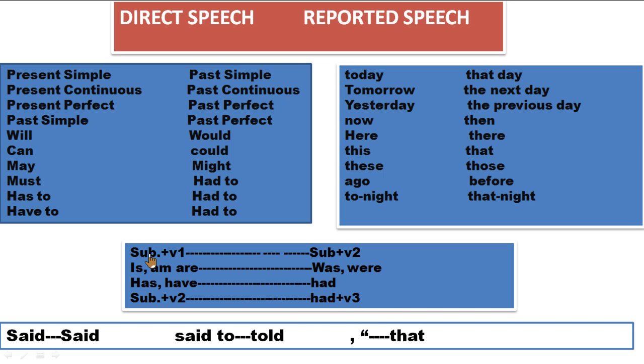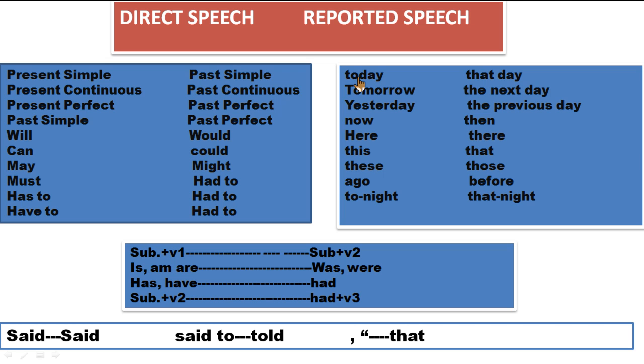Actually, the subject plus first form is present simple. Subject plus second form of the verb is past simple tense. Those students who really get confused with tenses, they can change the direct speech into reported speech with these simple rules.